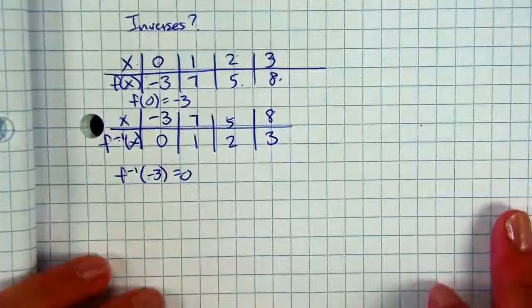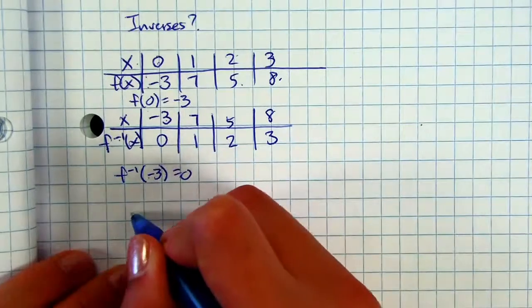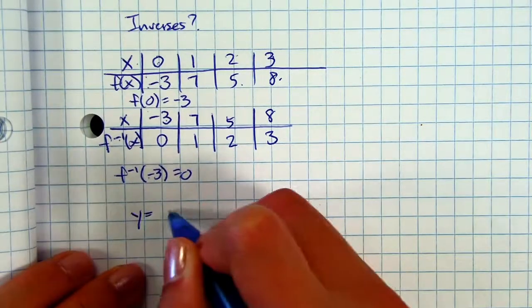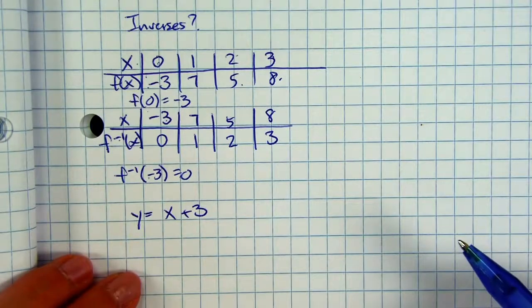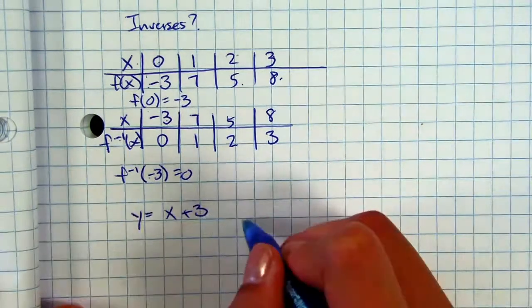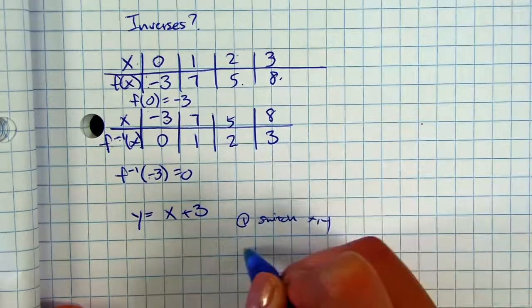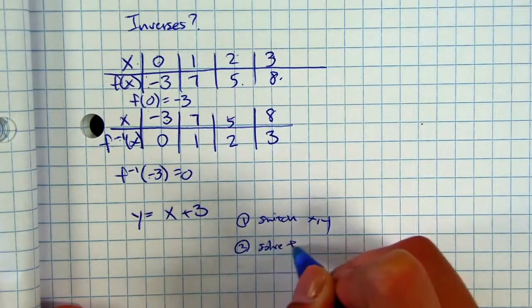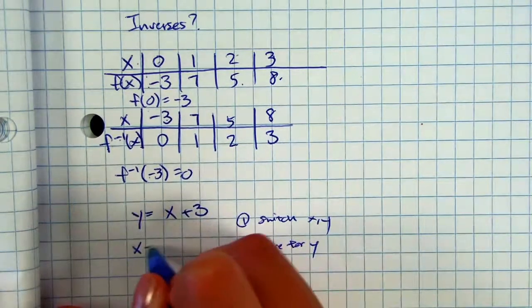Now when it comes to equations, for example, I have an equation y is equal to x plus 3. You might say, well, how do I find the inverse function of that? Well, number one, I switch my x and y's, and then I solve for y. So that means my inverse function is here, x is equal to y plus 3.